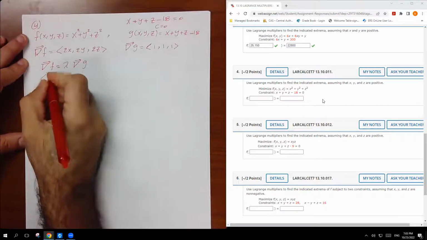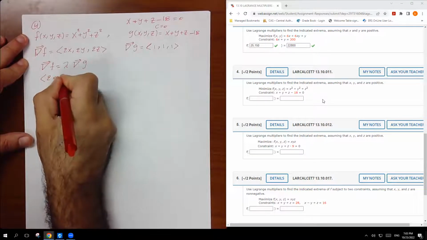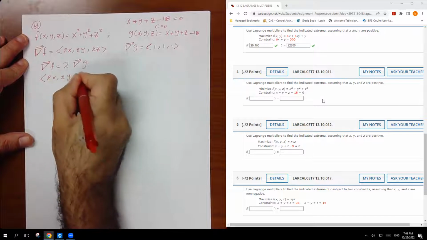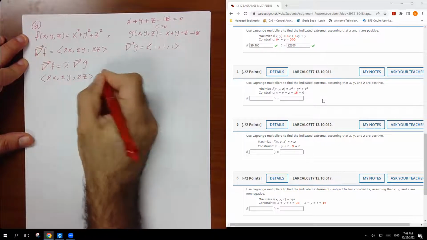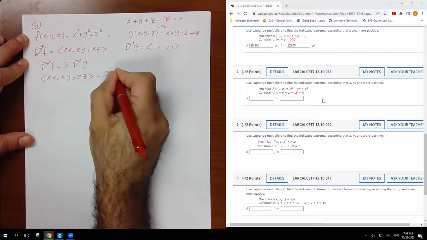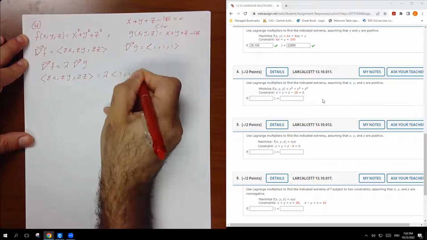That means (2x, 2y, 2z) is going to be equal to lambda times (1, 1, 1).